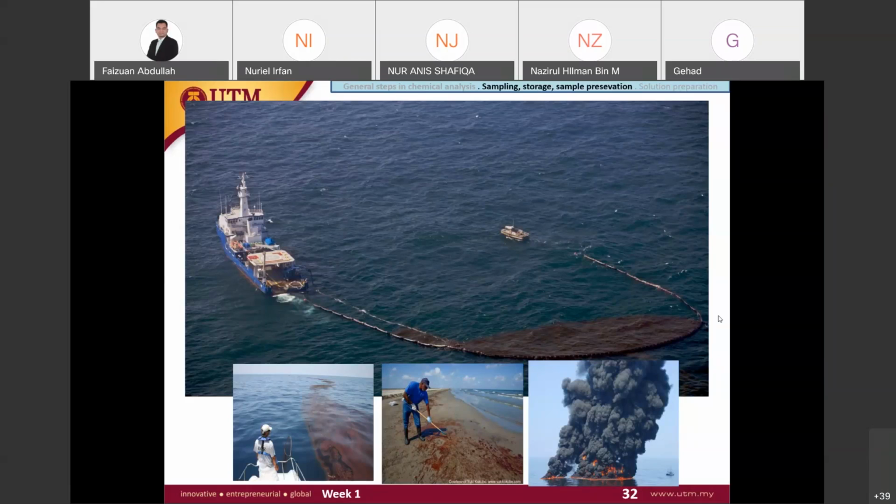Okay, and then how do we sample the smoke or the gas sample? Anyone? Anis, okay, how? Use a gas sampling tube, glass. Gas sampling tube, bulk glass. Thank you, Anis. Yes, and then what else?